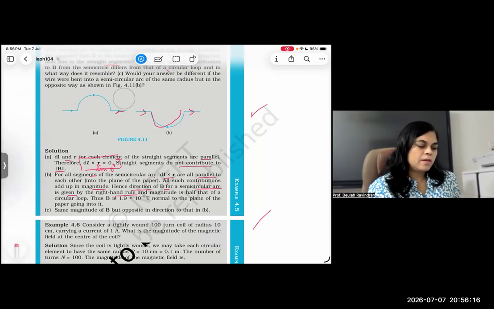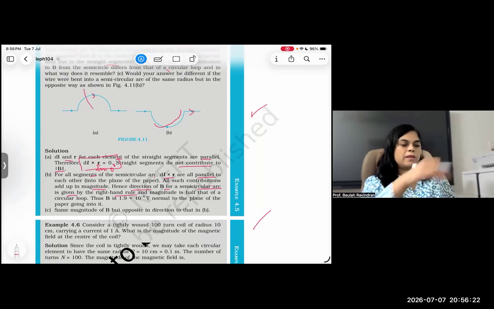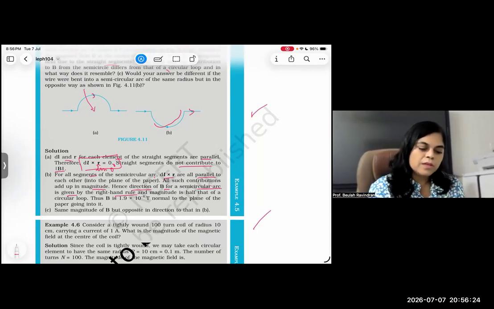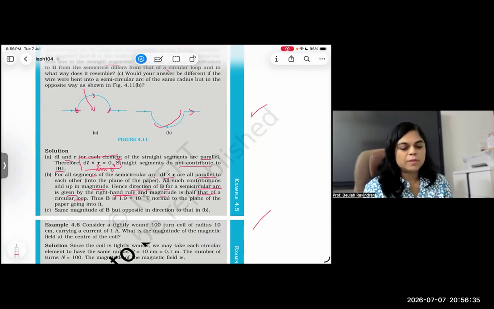Clockwise means the magnetic field moves inwards, like this. That is given by applying the right hand rule, and the magnitude is half that of the circular loop, because it is semicircular.